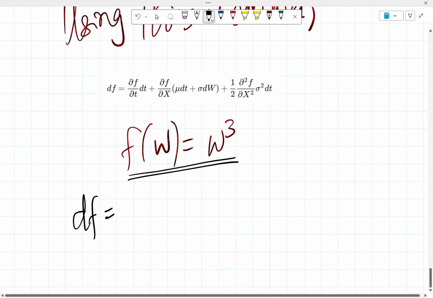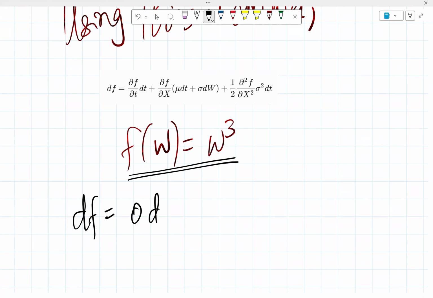So the partial of f with respect to t is functionally 0 multiplied by dt. So that's going to be 0 definitely. Then we have df dx. Here we are dealing with w. So df dw is 3w squared, and that multiplied by dw. So we already have it at the level of w.